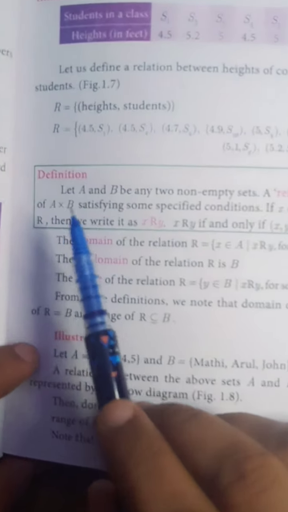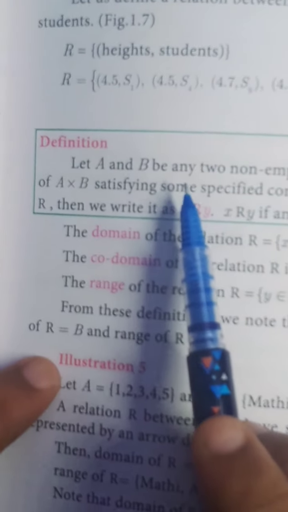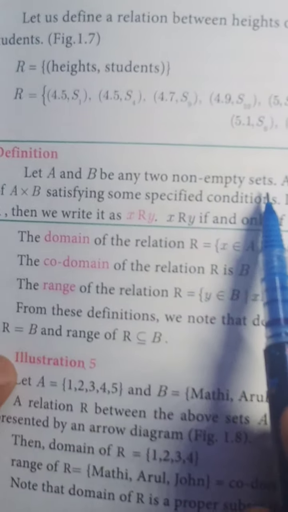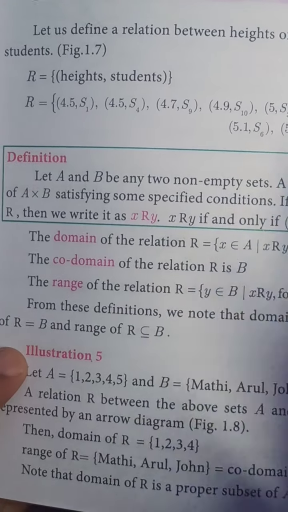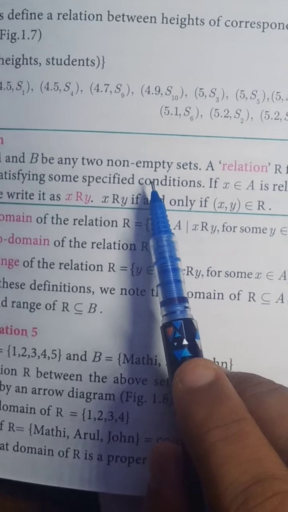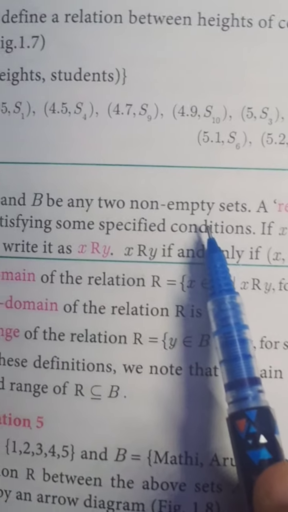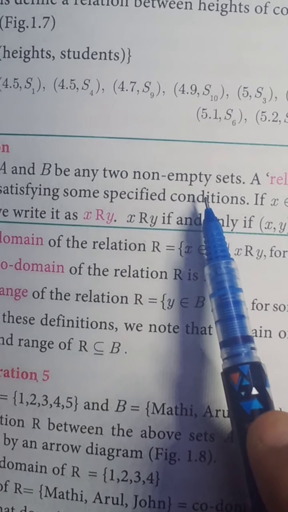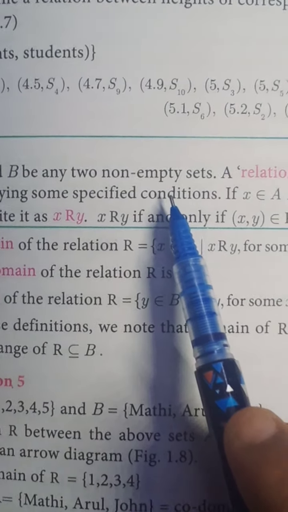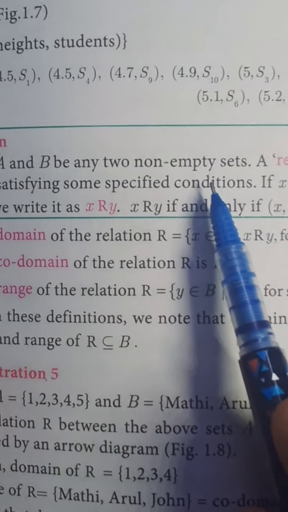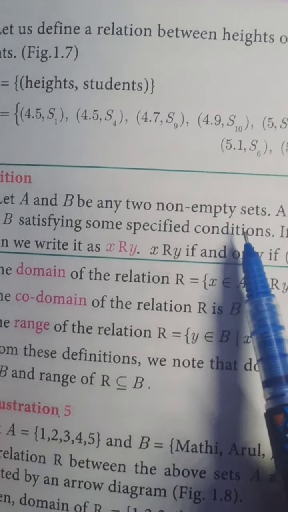Now I read one definition. Listen. Definition of a relation. Let A and B be two non-empty sets. You know the meaning of non-empty sets? Empty set means a set which has no element. Non-empty means a set must have at least one element.